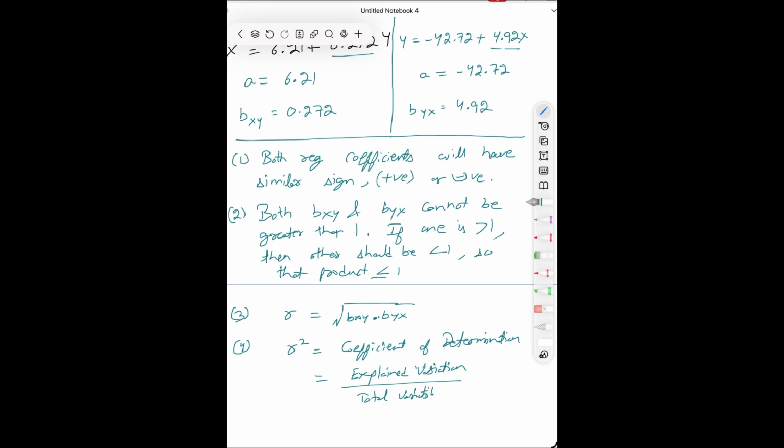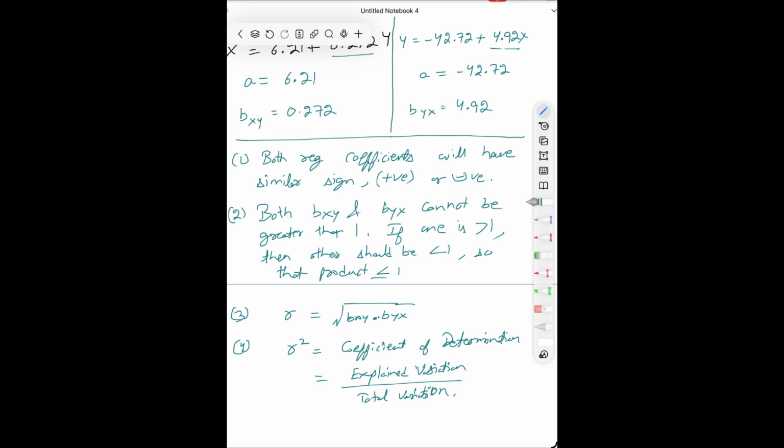Higher the value of this R square, so let us suppose it is 0.94, 0.95, 0.98, that would mean the relationship between variable x and variable y is better, and the change in dependent variable could be explained through the change in independent variable.